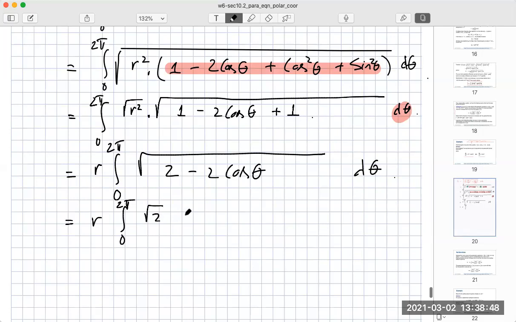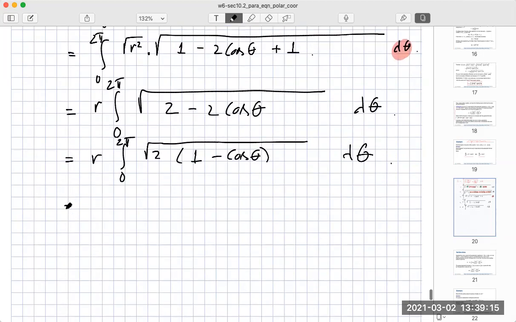Then it will be square root of 2 times 1 minus cosine theta d theta, okay? And now we're stuck.